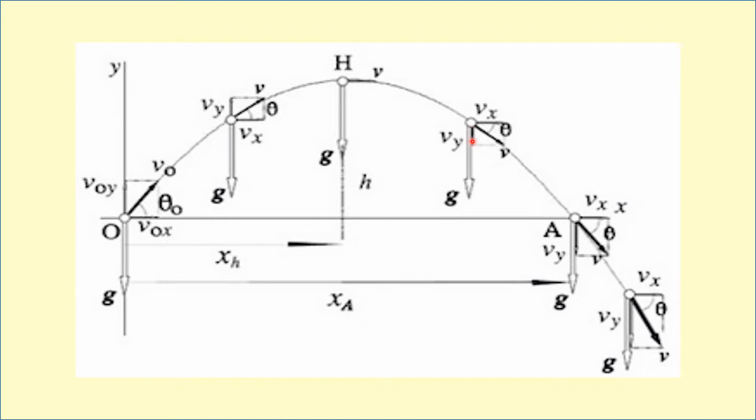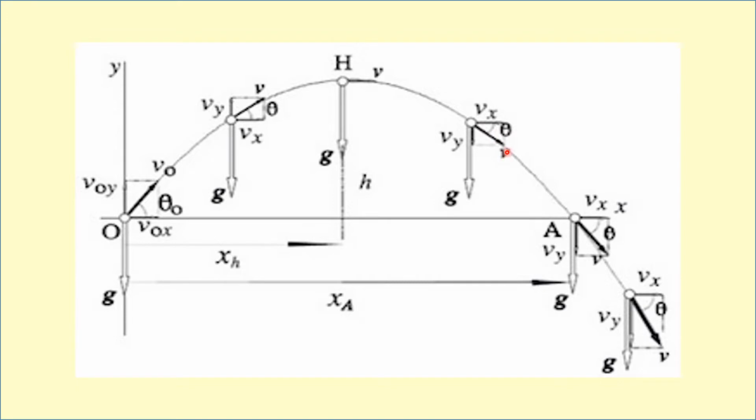Negative downward velocity. But the horizontal component is still constant. So when added vectorially, we have the actual velocity tangent to that point there. That's represented by the letter v.